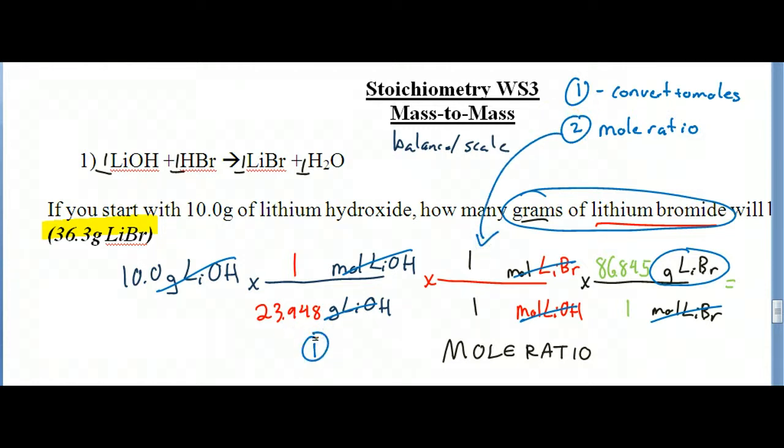Here's us converting to moles. Here's us using the mole ratio. And then the third step would be convert to desired unit, which is what we did over here, converting to grams of lithium bromide.